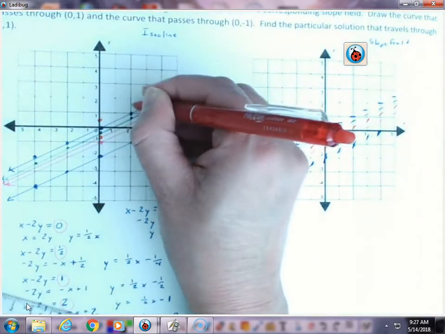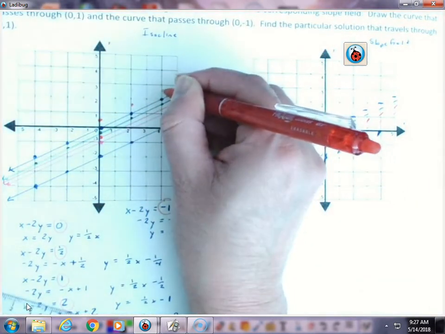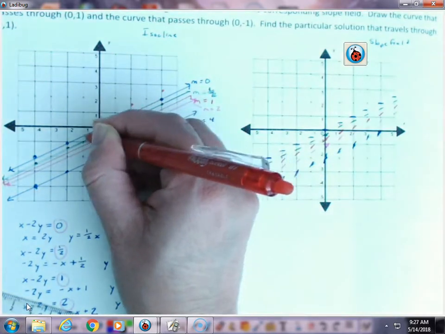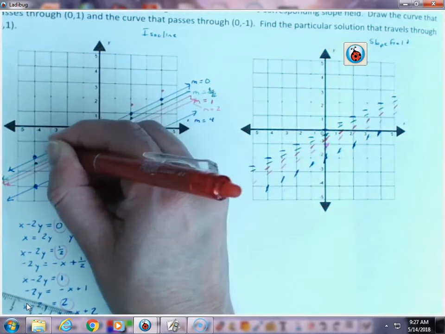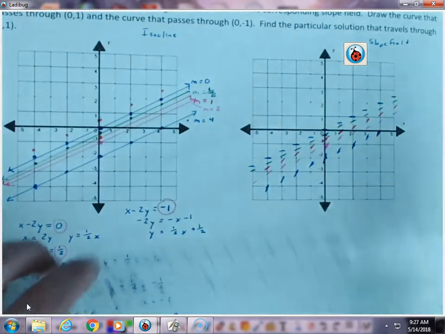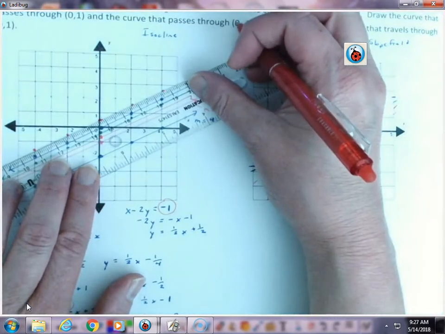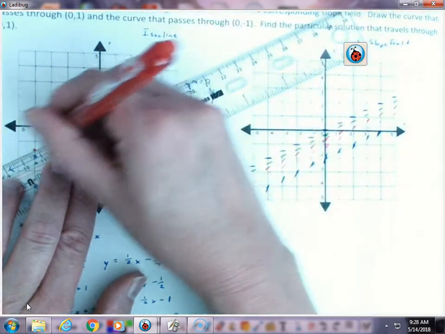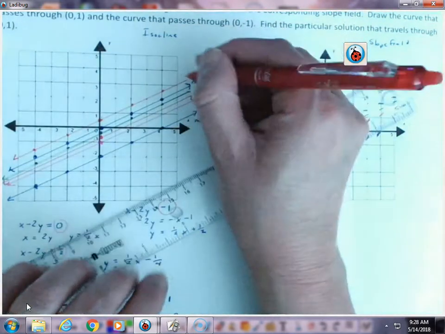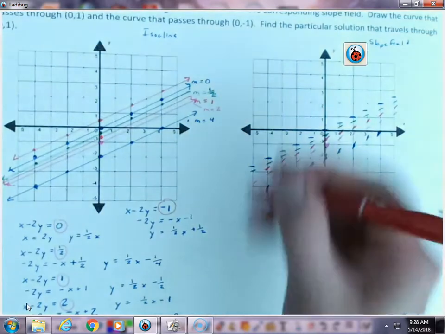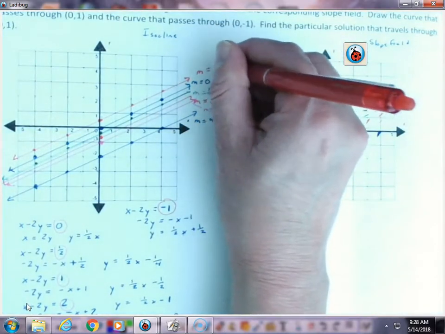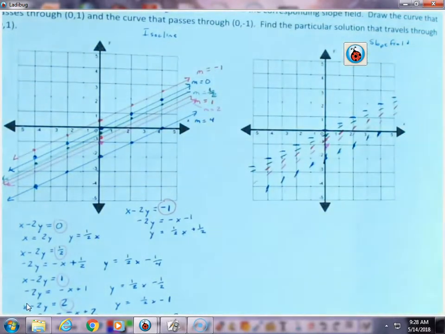Up 1, over 2, up 1, 2. Down 1, 2, down 2. Good old isocline. All along there I have a slope of -1.